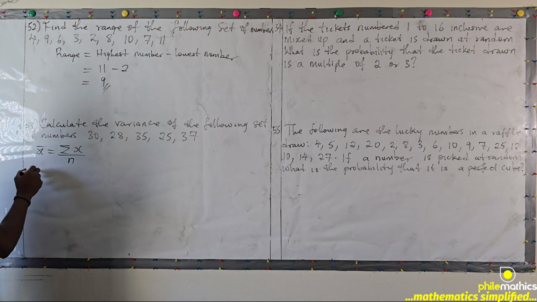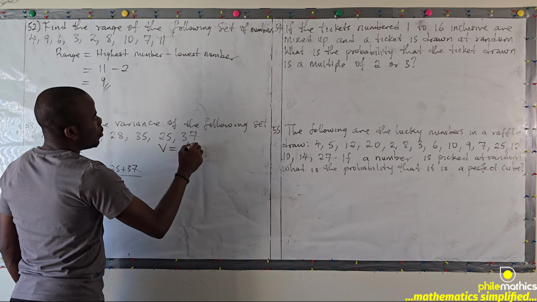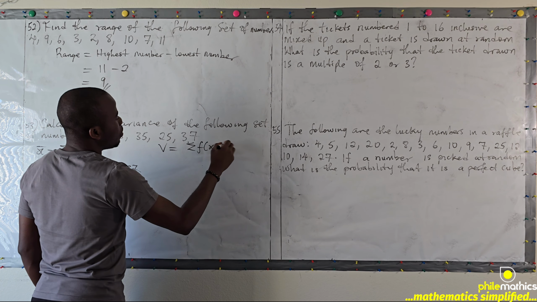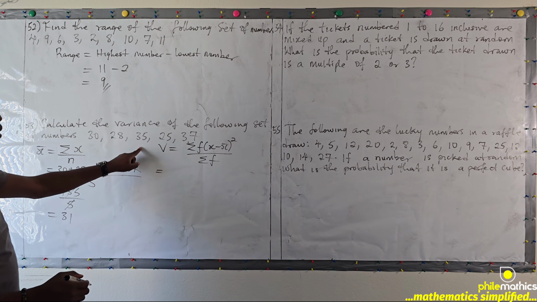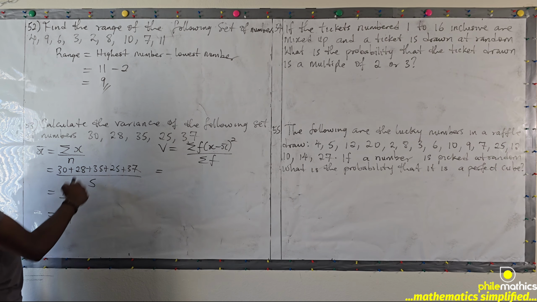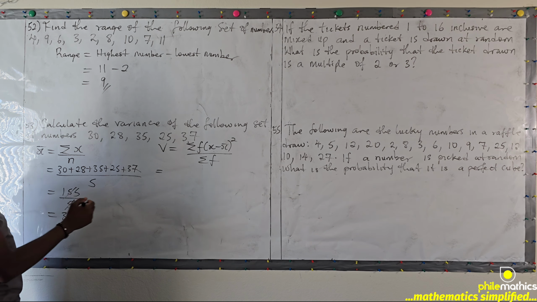Now, the formula for variance is the summation of f times (x minus x bar) all squared, over the summation of the frequency. Since none of them repeated, we'll simply do each number minus the mean and square.